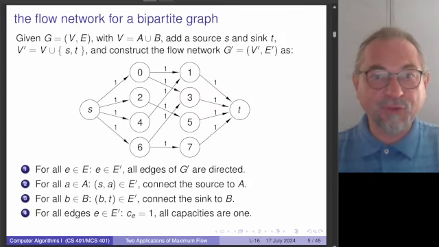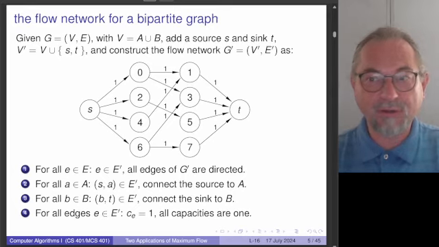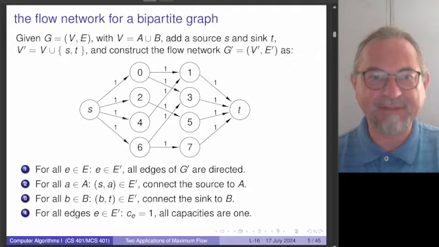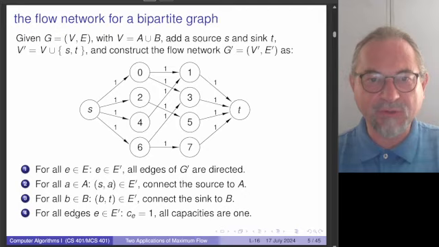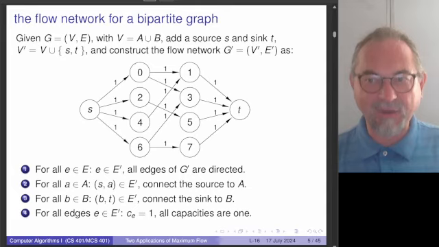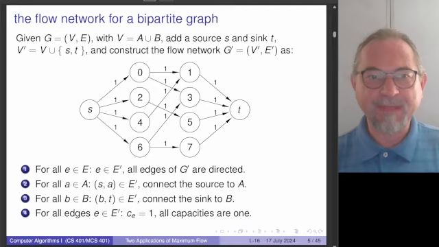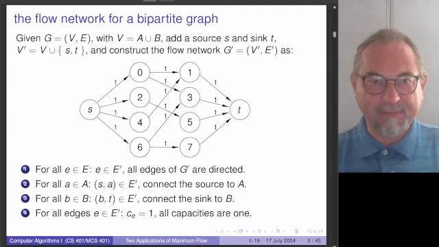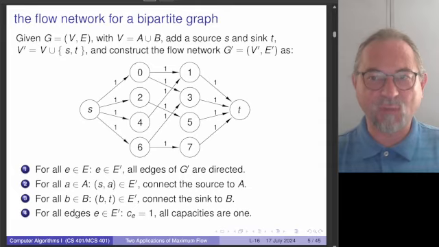Okay, we can reduce this to a flow problem by adding a source and a sink. The source is denoted by S and the sink is denoted by T. We have as many outgoing edges out of our source to the first set, and the capacities of all the edges are 1.